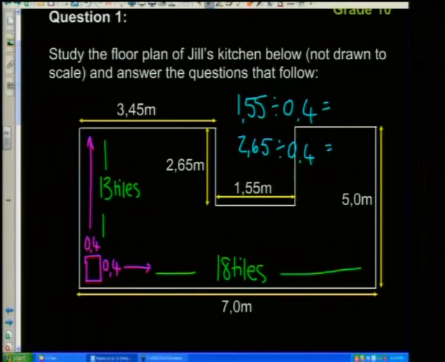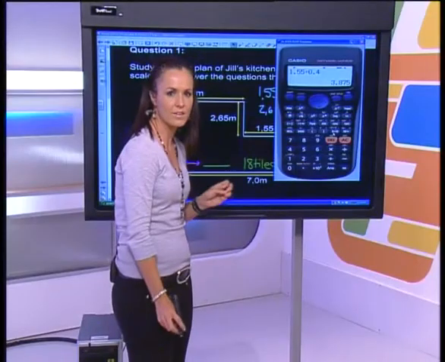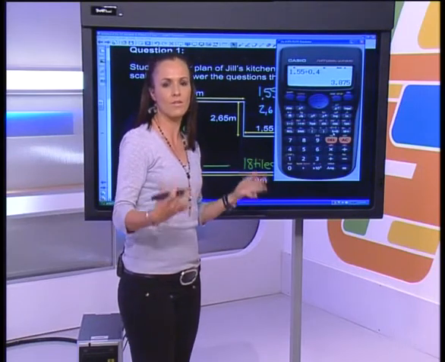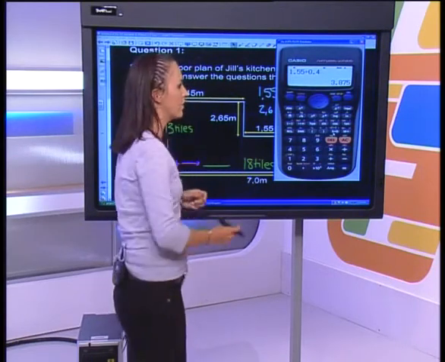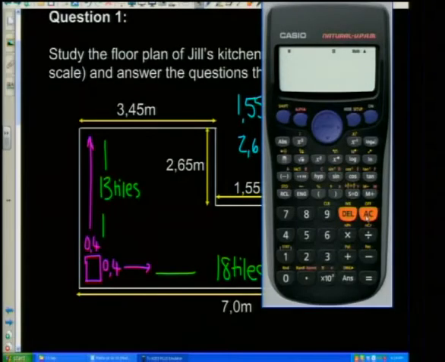So grabbing your calculators, 1.55 divided by 0.4. All right? That tells us that we're looking at 3.875 tiles. Okay, using your common sense, you can't have 0.875 of a tile, so we're going to round up to the nearest whole number. So we're working with 4 tiles in that situation. If we get the other calculation, we said it was 2.65 divided by 0.4, right?